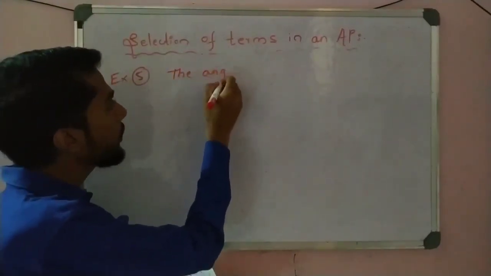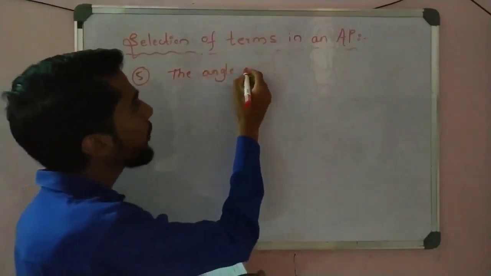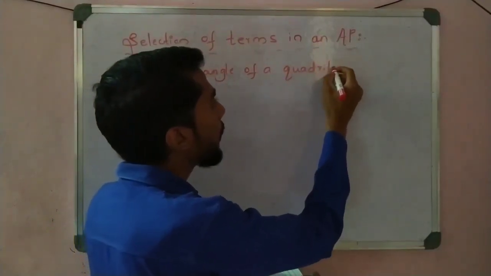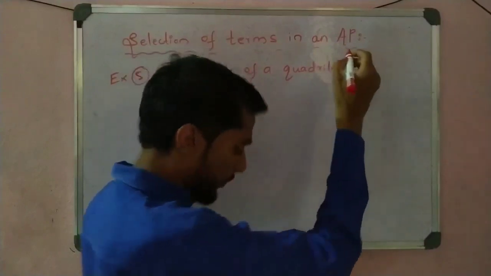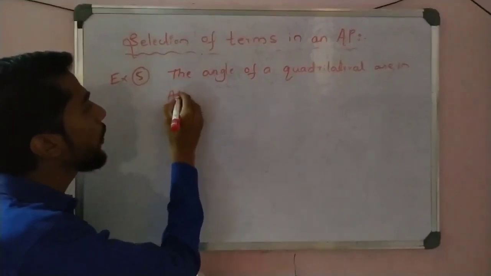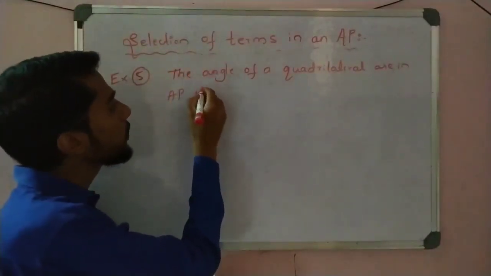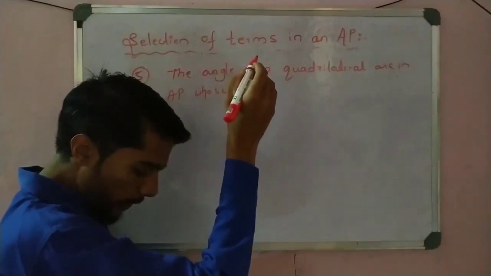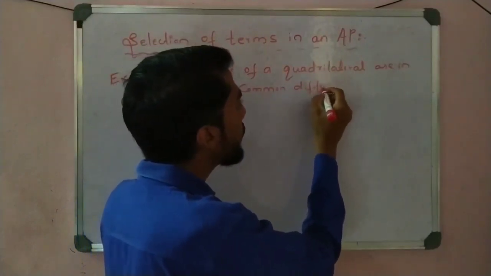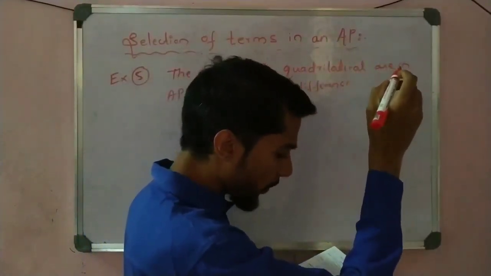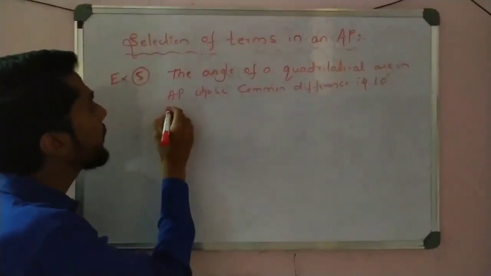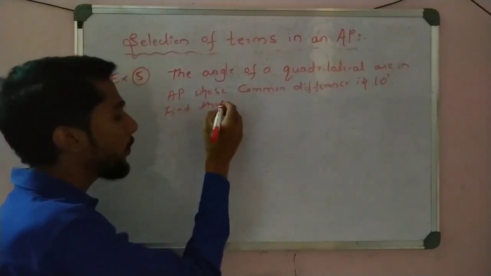Okay, the angles of a quadrilateral are in AP whose common difference is 10. Find the angles.